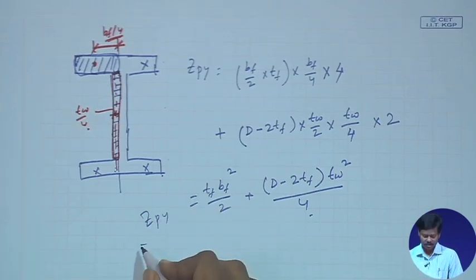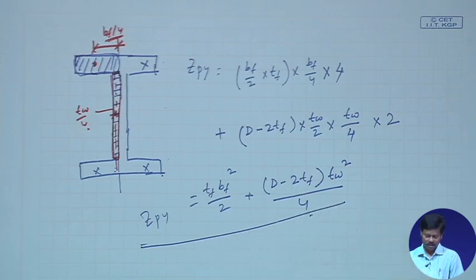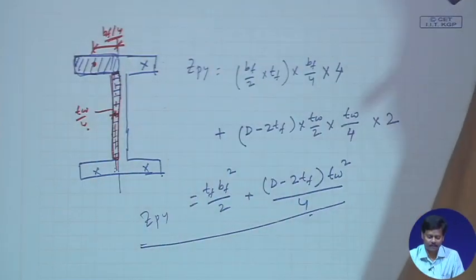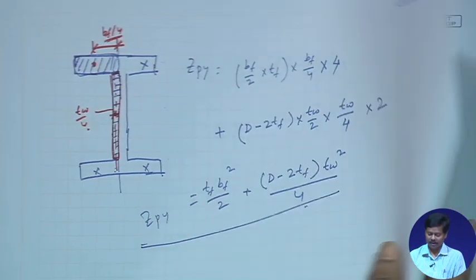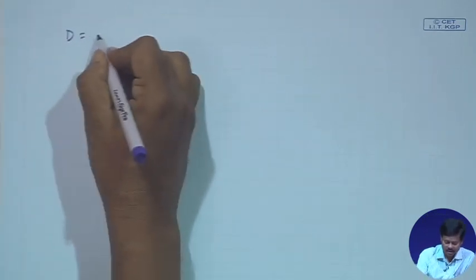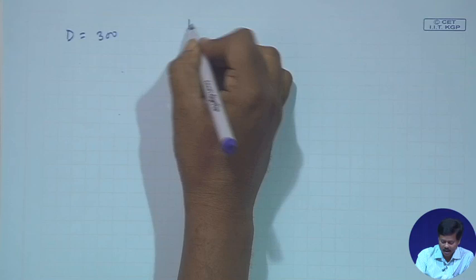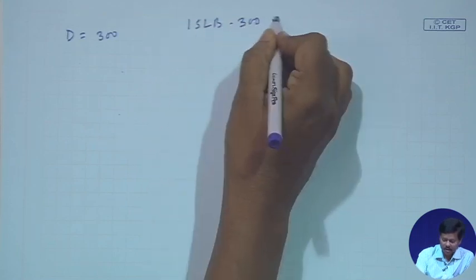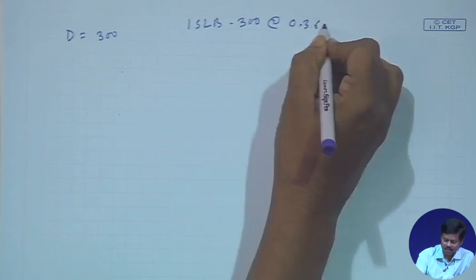So, that means, here we have seen how to calculate the plastic section modulus for an I section about the x axis or z axis and about the y axis. For this particular case we have this data: d is equal to 300 for ISLB 300 at 0.369 kilonewton per meter.